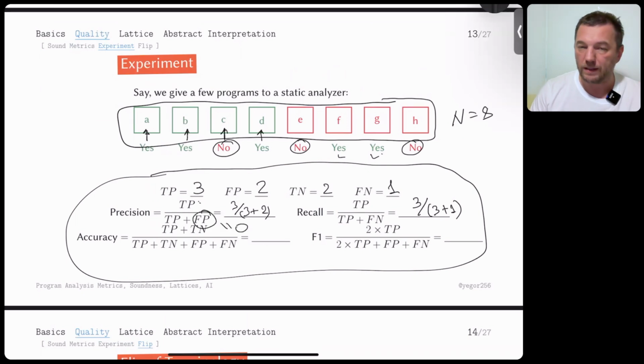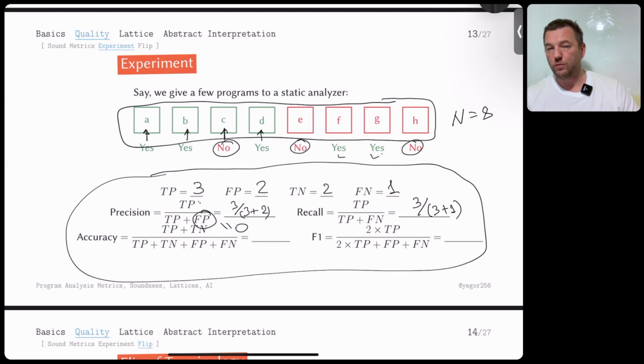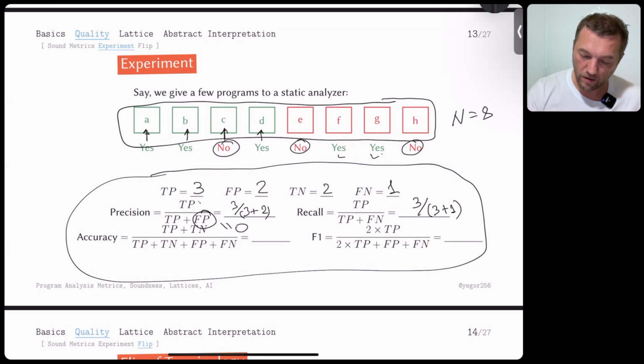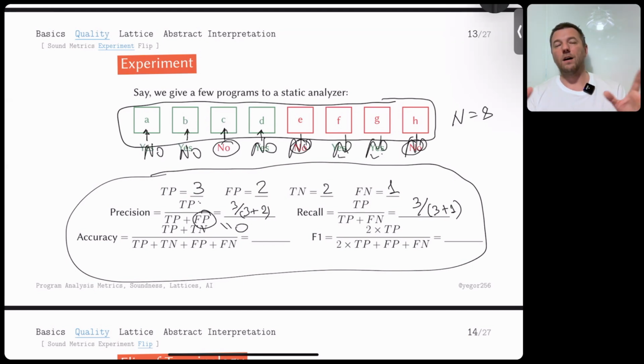In order to make the analysis sound, we can just always have no false positive. The easiest way is to just never give any positive answer. So we just say no, no, no, no, no, and no. The analysis will be sound because no noise.